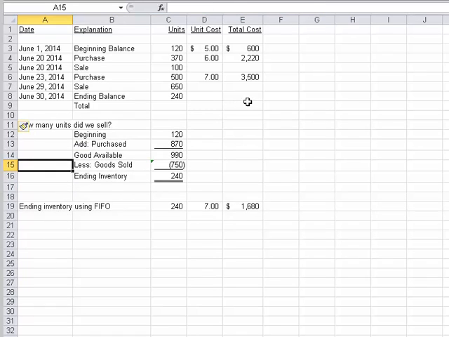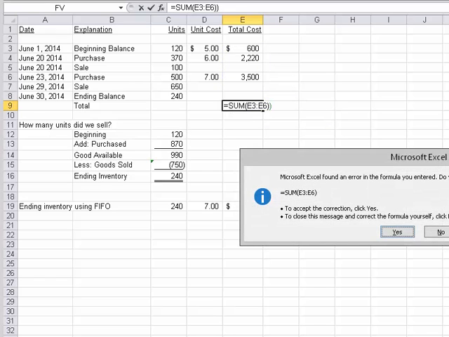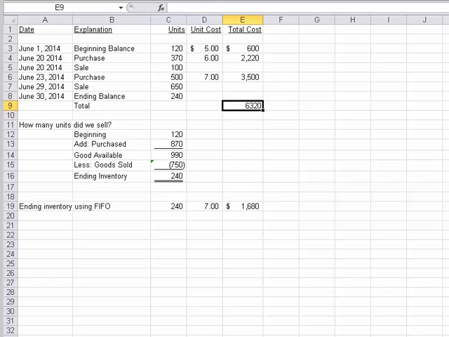And we could just sum the total cost and the total purchases, which will be the beginning dollar through that purchase, right? So let me hit yes. The sum of my cost and my two purchases was equal to $6,320.